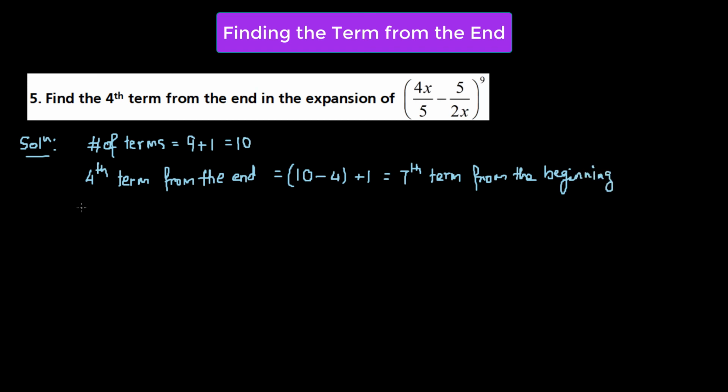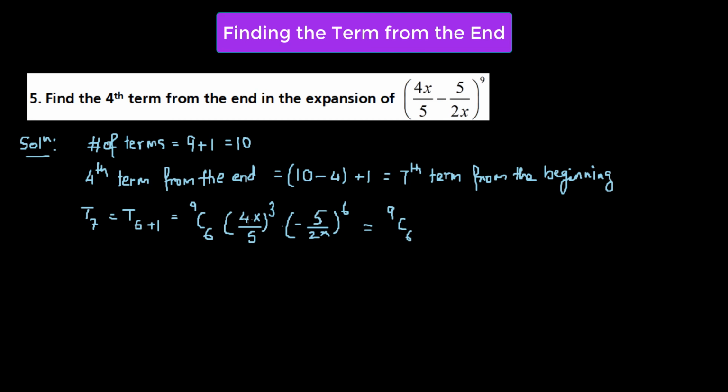So now we find out the value of t7, which is equal to t(6+1), and then we use the expansion 9C6. The first term is 4x over 5, (4x over 5) raised to the power of 9 minus 6, which is 3, times (negative 5 over 2x) raised to the power of 6, which is equal to 9C6.